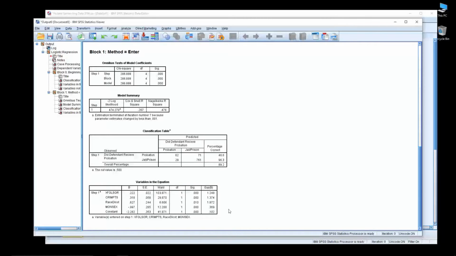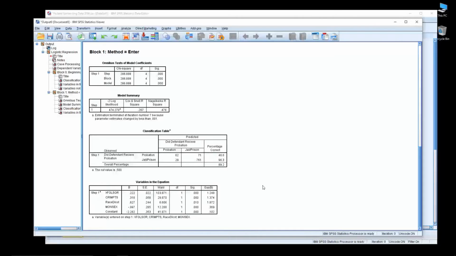Remember, if it's 1 across the board, it has no impact. If it's above 1 for your exponent of B, that increases the odds. If it's below 1, it decreases the odds. And when it's below, to find out exactly what those odds are, take the reciprocal of that value, and that tells you the magnitude. It essentially just changes the math and makes it a little easier to interpret.